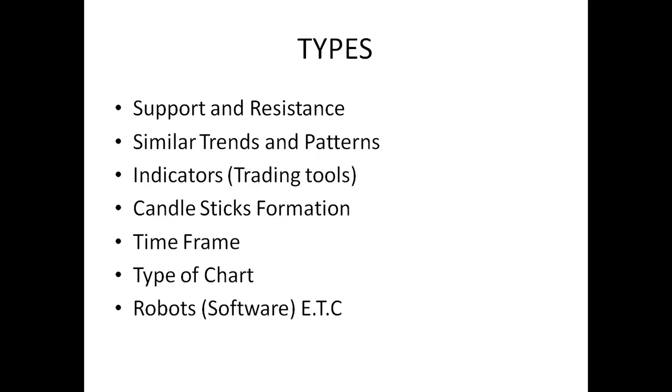For all you know, indicators might be working for you, or candlesticks formation is what might be perfect for you, or time frames or types of charts or robots or whatsoever. So I am here to take you through everything one by one, practically, not just theory. I am here to take you through everything step by step, so that at the end of the day, you would know what to use or what will be best for you.